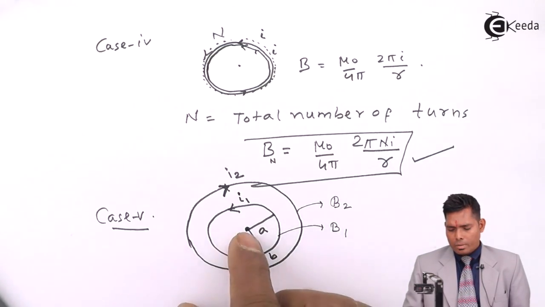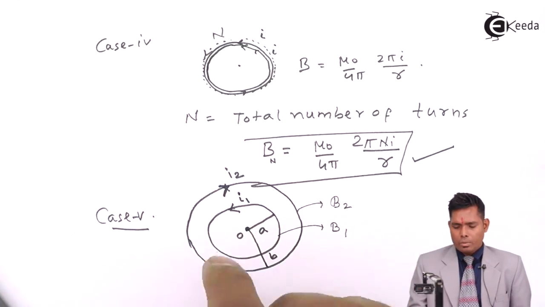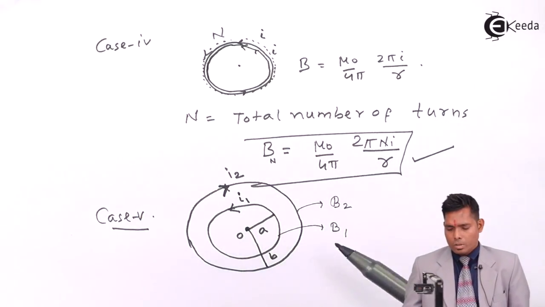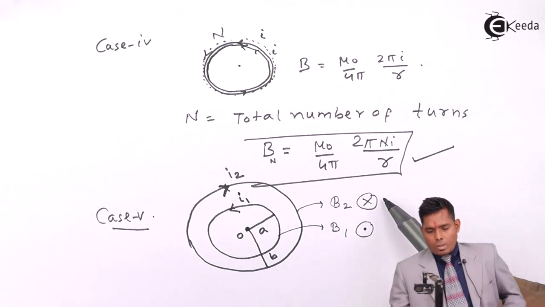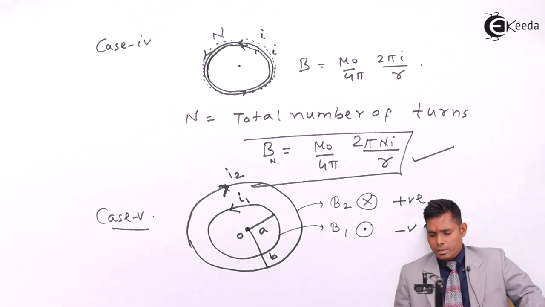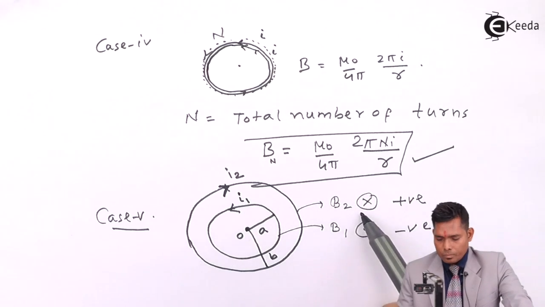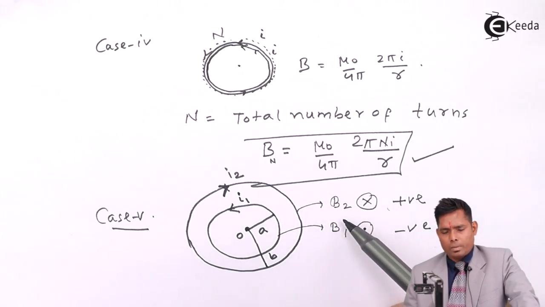At the center, due to this coil, the magnetic field will be upward. Due to this coil, it will be downward. So due to B, it is downward. Due to A, it is upward. I have taken the cross as positive and the dot as negative. So this sign will automatically get attached to B1 and B2.